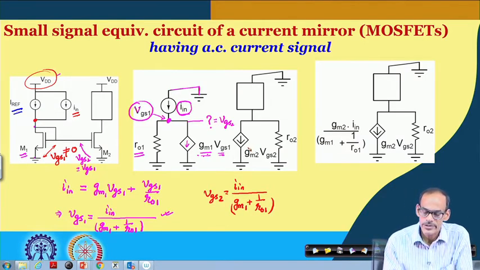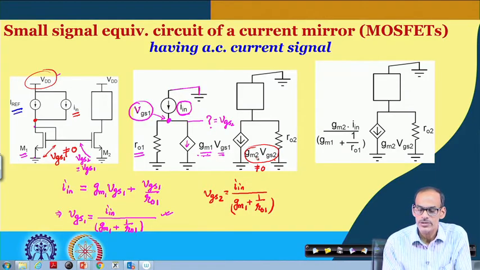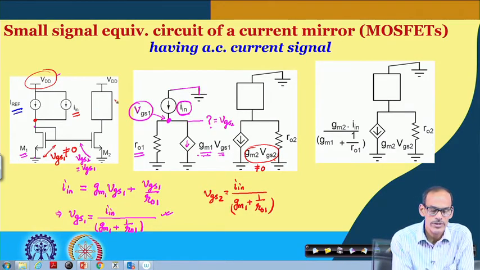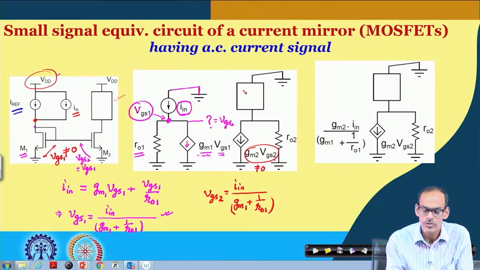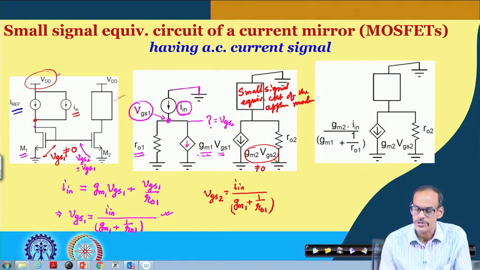So, that makes this current GM 2 into VGS 2 non-zero, and as a result, whenever we draw the small signal equivalent circuit of this entire part, we have the small signal equivalent circuit of the application module, and along with that we have to consider this.